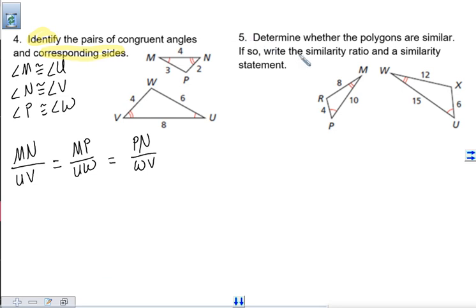Next up, we want to determine whether the polygons are similar. If so, we need to write the similarity ratio and similarity statement. So we need to figure out which angles are congruent first. So which angles are congruent?